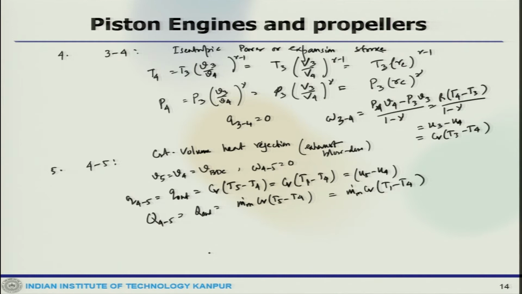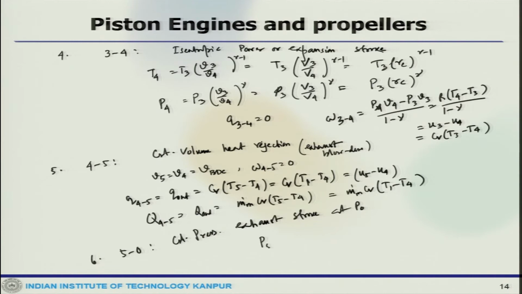Now we have the last process, which is 5 to 0, again a constant pressure exhaust stroke at P naught, and the piston executes an exhaust stroke in which the burned gases are purged from the cylinder through the open exhaust valve.